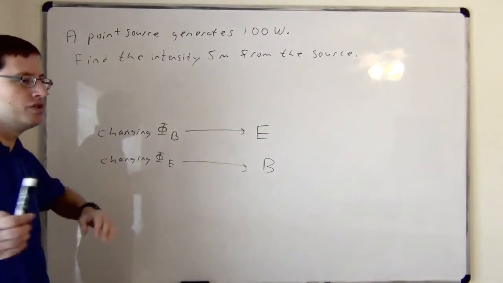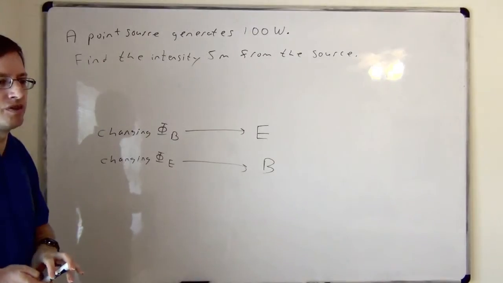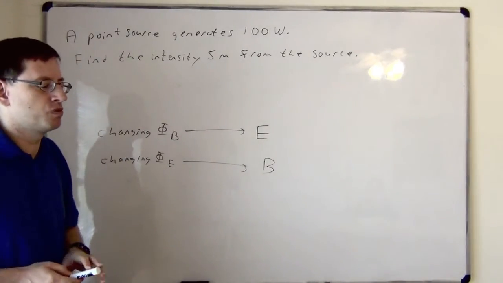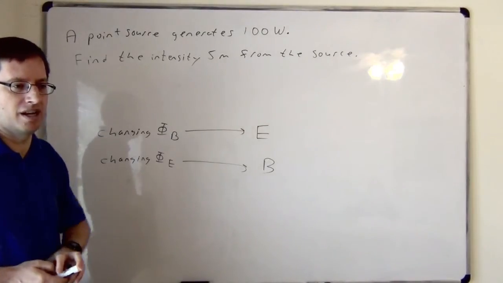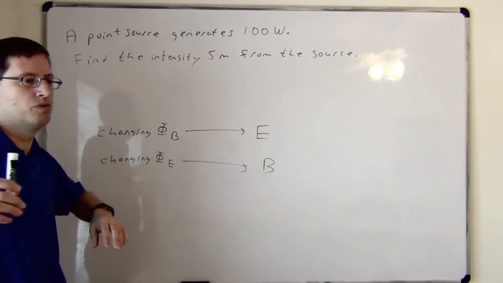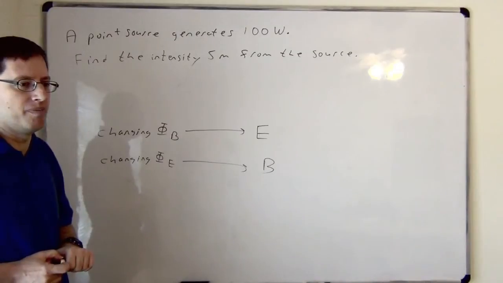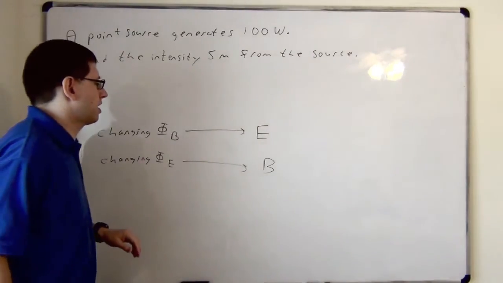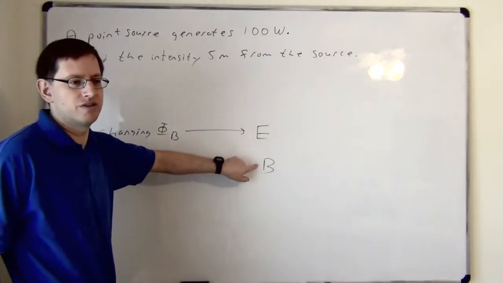Now, this is something that's new that we've never seen before. We've done problems with electric fields, and we've done problems with magnetic fields. We even did a couple problems with both an electric field and a magnetic field. Remember, we did the problem about making something move in a straight line, but how to have the electric and magnetic fields cancel each other. But we never did something where the electric and magnetic fields were causing each other. So this is something new.